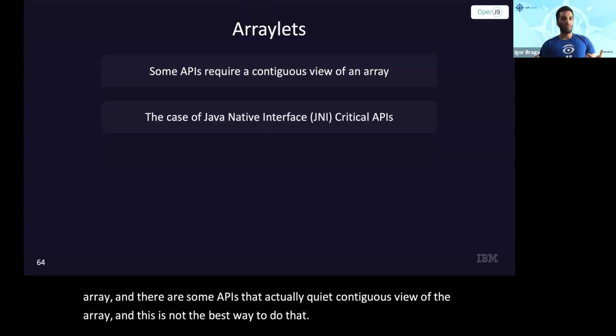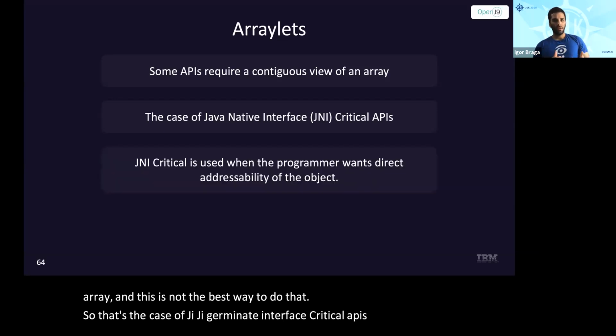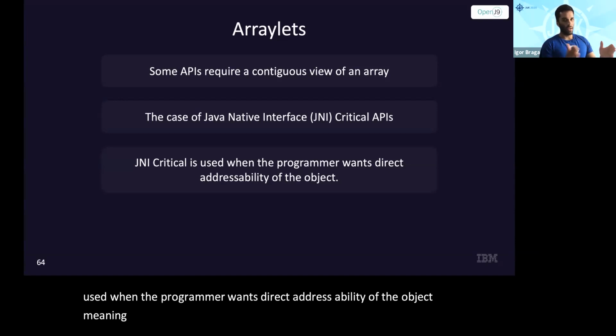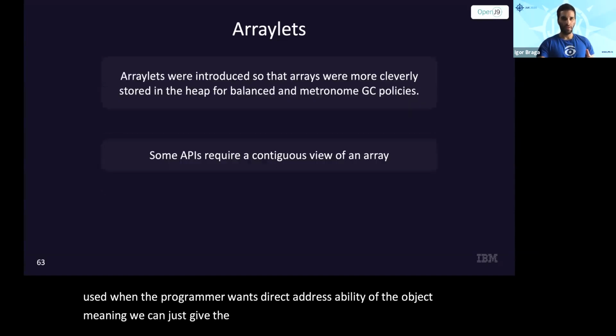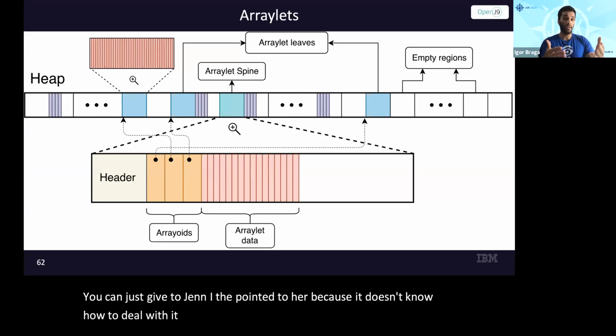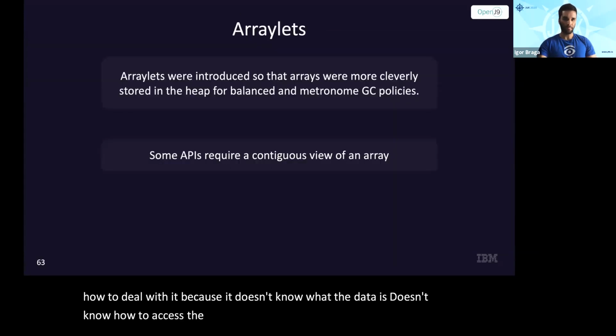So that's the case of JNI, Java Native Interface Critical APIs, and JNI Critical is used when the programmer wants direct addressability of the object, meaning we can't just give to JNI the pointer to the header because it doesn't know what the data is, it doesn't know how to access the data from there.